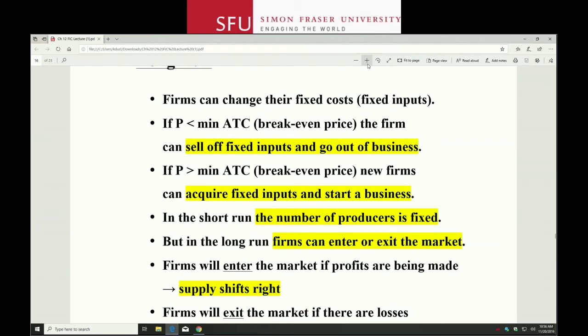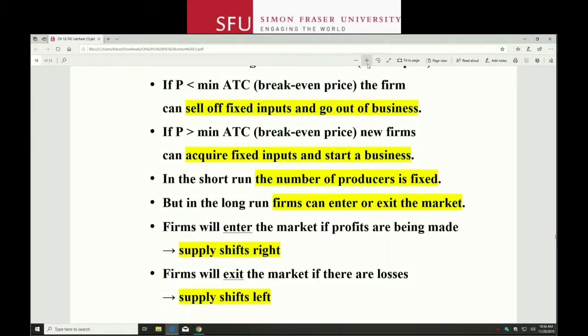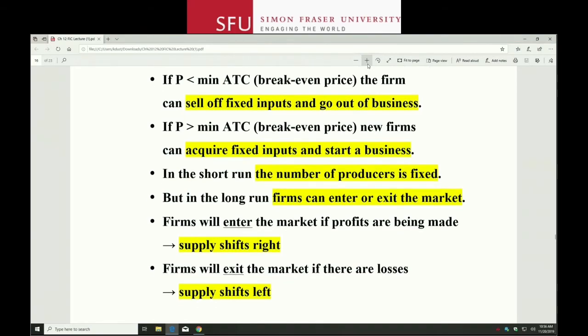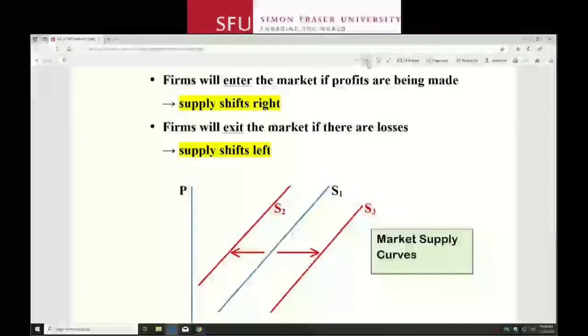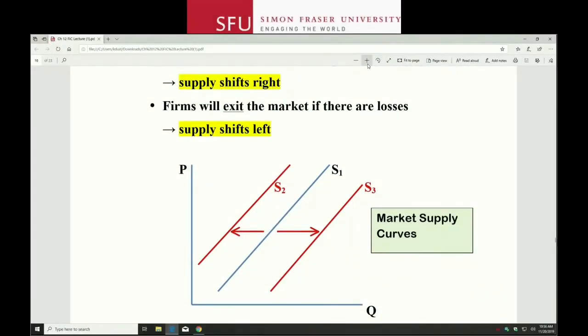They'll cut down their trees or whatever it is. And then the number of firms decreases, so the supply in the market will shift left. And just like in Chapter 3, looks the same as you learned in Chapter 3. You show the supply curve shifting to the right or shifting to the left.